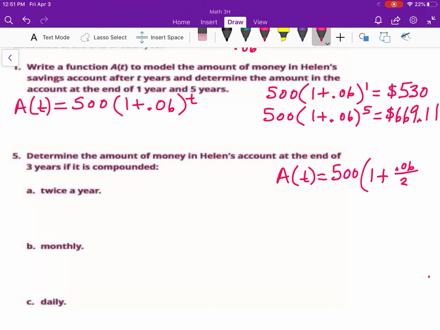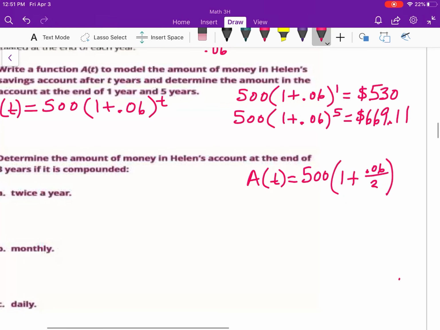We're using that formula with r over n, to the n times t. So the difference is right here, the number of times compounded. So you'll notice, it's 500 times 1 plus 0.06 to the third. That would be if it's just a regular, straightforward account. But because it's being compounded twice a year, n equals 2. So that's why I put that 2 in there. It's a little intimidating, but it's really not a hard problem.